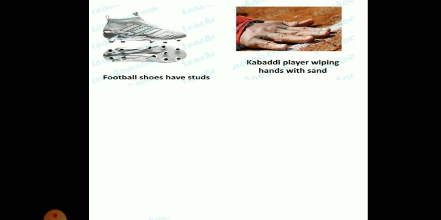This is done to increase the friction in the hands of the player, so their hands do not skid when they touch other players' sweaty hands and legs. So the friction is increased by wiping the hands with dry sand.